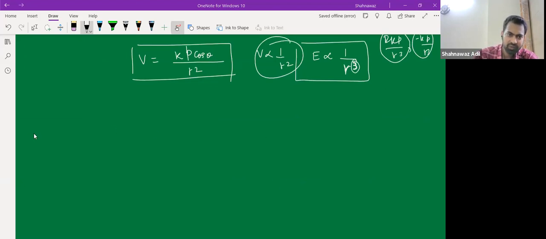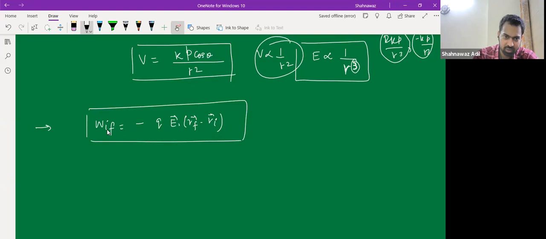Okay, then we learned about the work done in an external electric field. This is simply minus Q E dot (R final minus R initial), right? So that is the work done in bringing a charge from the initial point to the final point.